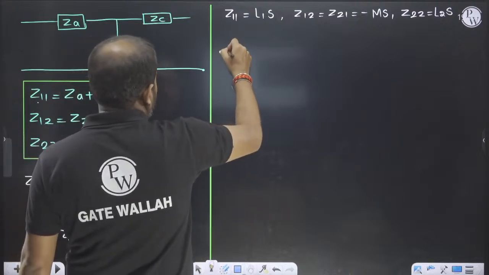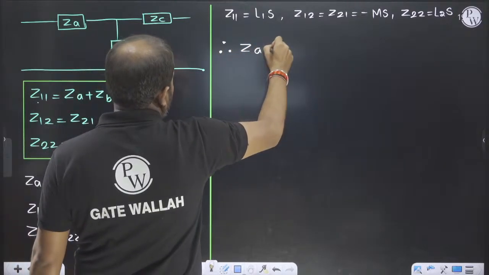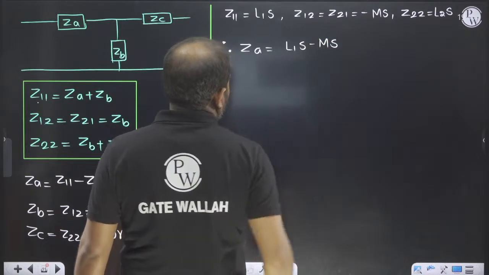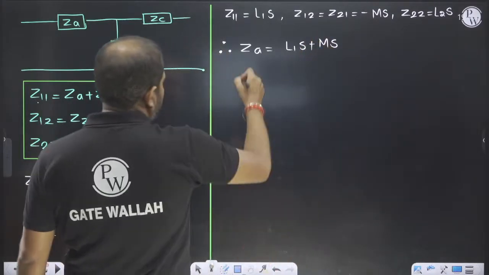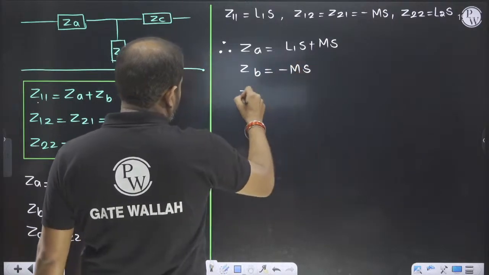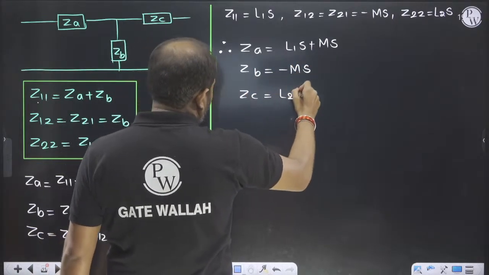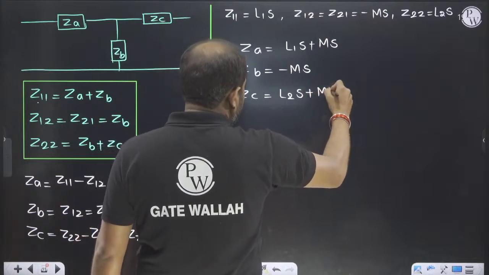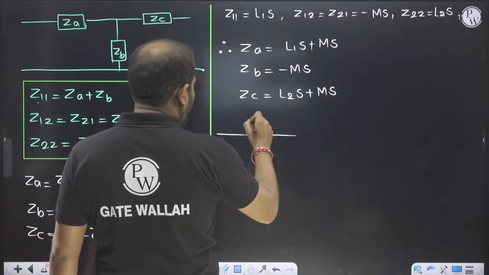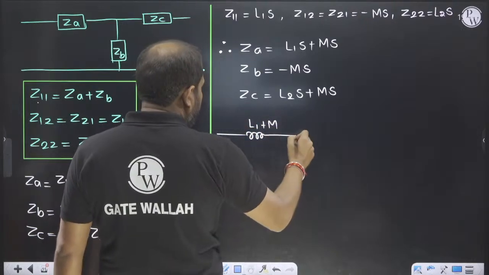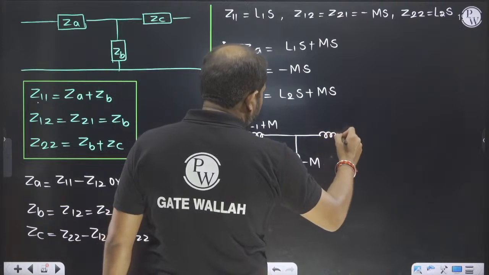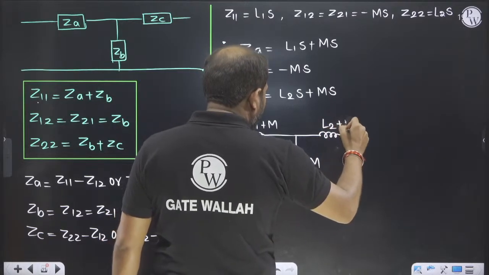Hence ZA is equal to L1s plus Ms, ZB is equal to minus Ms, and ZC is equal to L2s plus Ms. So ZA is L1 plus M, ZB is minus M, and ZC is L2 plus M.